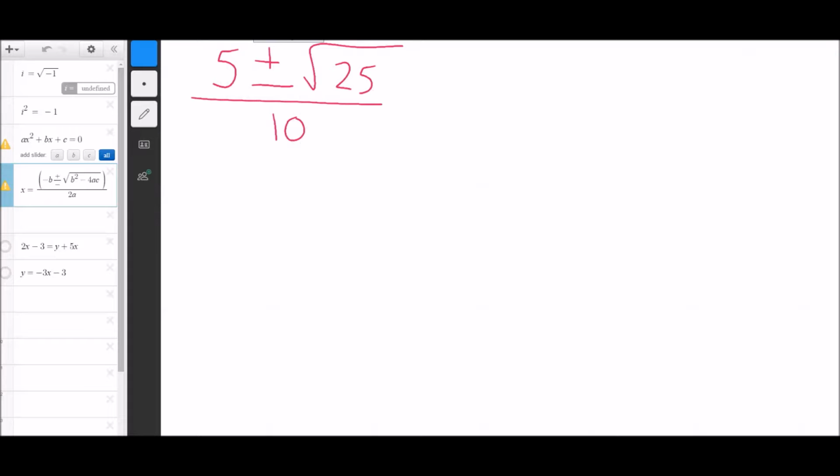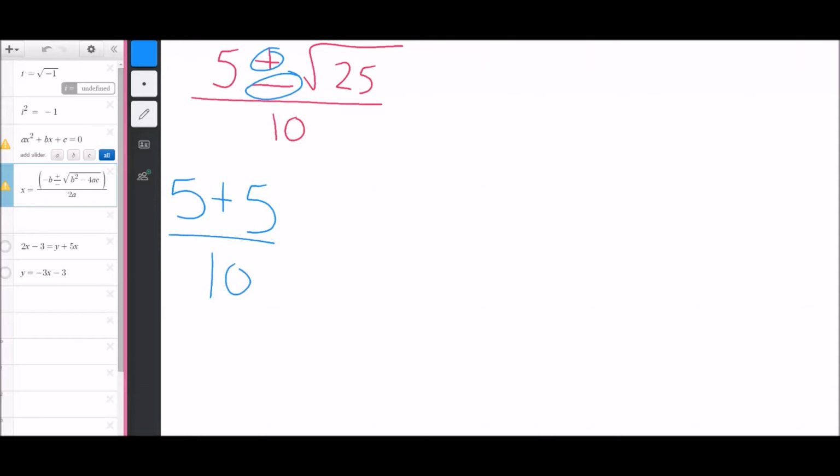When dealing with the add and subtract sign, that means there's going to be two answers. One you're going to have to add, and one that you're going to have to subtract. So during the adding one, it's going to be 5 plus the square root of 25. The square root of 25 is 5. So I'm going to put 5 over 10.